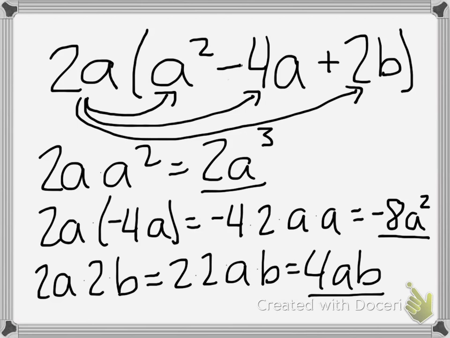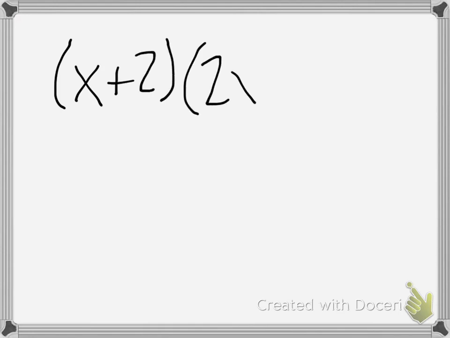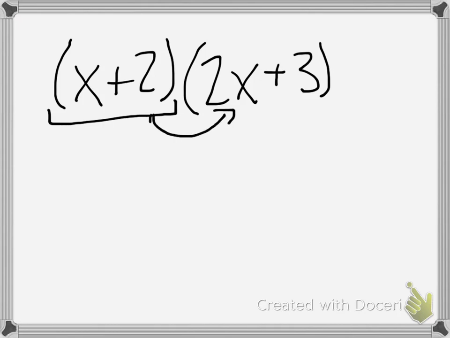Now, these were fairly simple because the thing that was on the outside was just one term. If that's a polynomial in multiple terms, we have a more complicated situation. Let's say I have x plus 2 times 2x plus 3. I still need to multiply this by each of these terms.